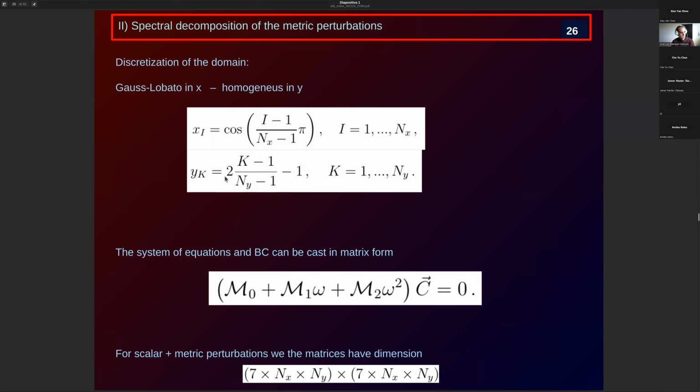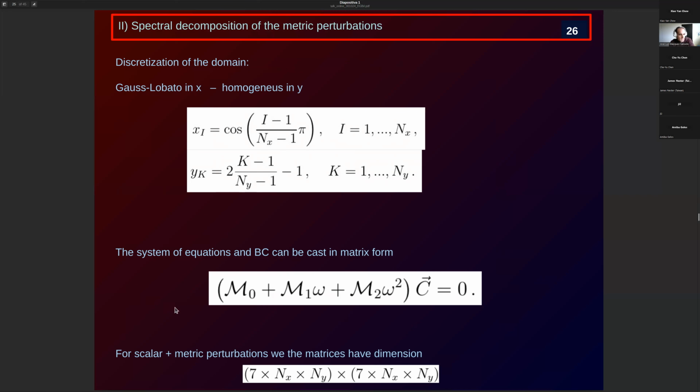After some manipulations you can write the system as a system of equations for the coefficients C up to some value of nx. This is a system of algebraic equations, and now you solve it however you like. You can use methods to solve the eigenvalue problem for the C's, whatever you want.